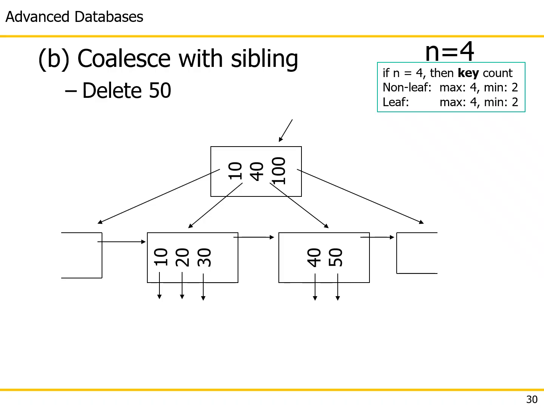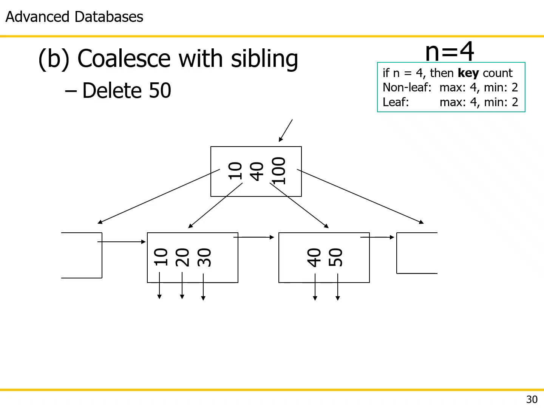So I really have 2 options. Either borrow the 30 from the neighboring node and add the 30 to the 40, so the minimum keys is 2, or I take the 40 and move it to the neighboring leaf node, the one that has the 10, 20, and 30. And the opposite of what we consider in insertion is now going to be done in deletion.